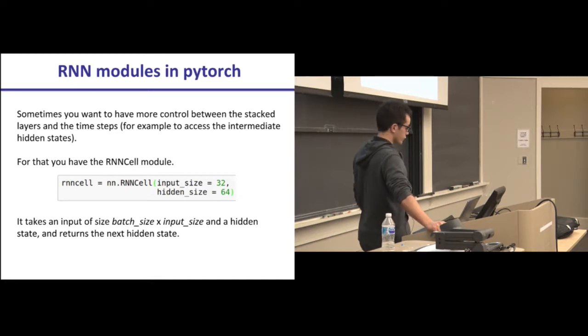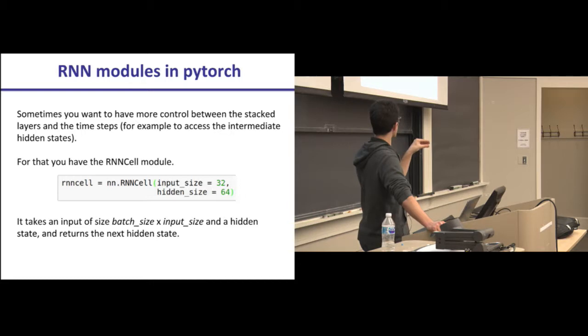Now, there's an alternative that you can use if you want to control what's happening inside of your recurrent neural network. Because previously you fed the whole input sequence, you got the whole output sequence. If you want to change stuff in the middle, for example, add some dropouts on the hidden states, or access the hidden state at the intermediate layers, you've got a smaller thing.